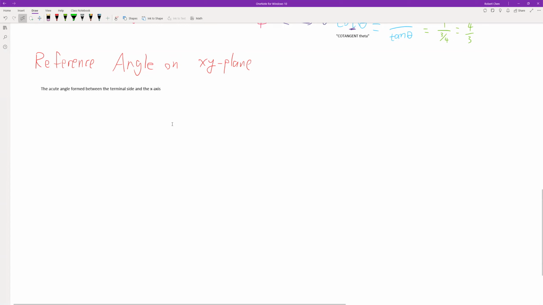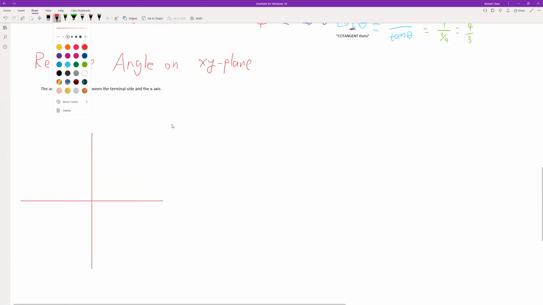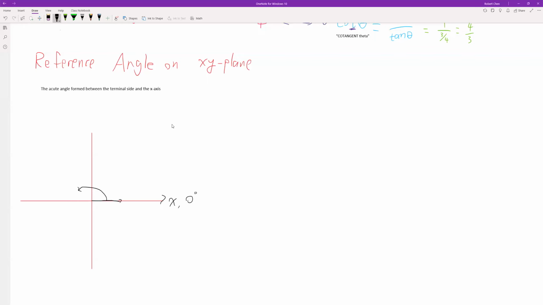Okay, so let's say I have the xy plane right here, right? And the positive x-axis, this is where 0 degree is. And then now you can rotate, let's say take a segment and rotate it to here, and therefore we have formed an angle of theta.